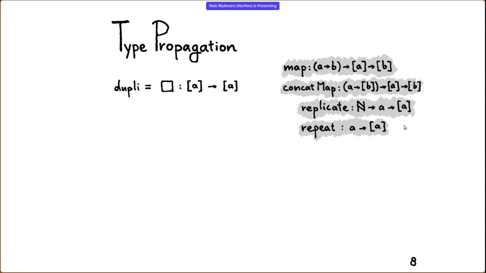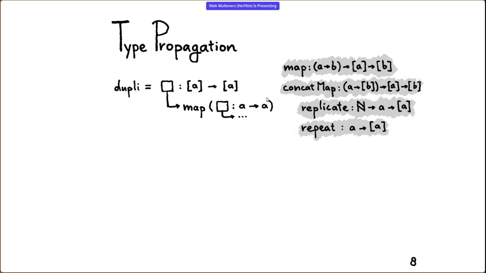To see how the program space would build up, we're going to look at the hole we have here, the square box, and see that if we introduce map here with one argument, then we can propagate the type through map and see that we go from list of A to list of A to our new type A to A, which fits nicely with the type we've seen for map. So this tells us that map is still a correct program so far.